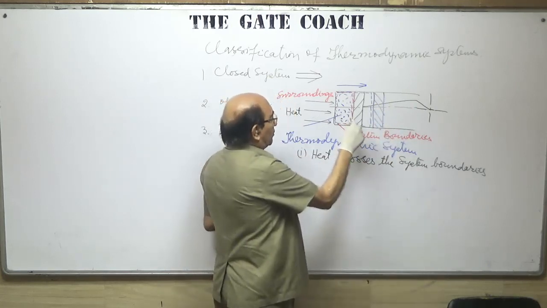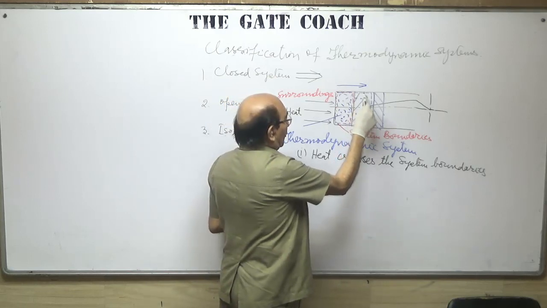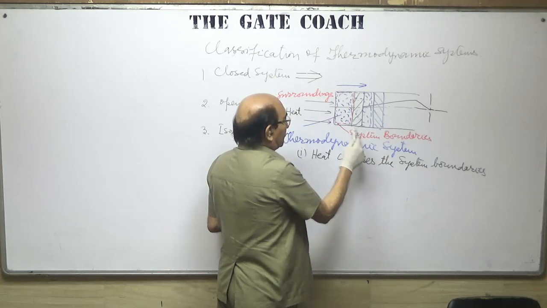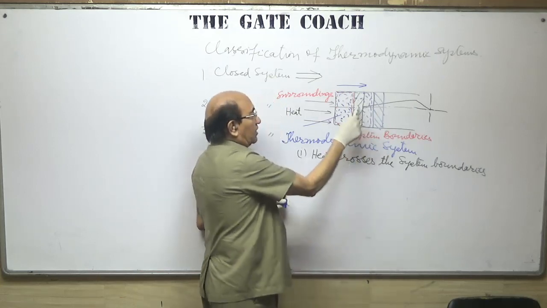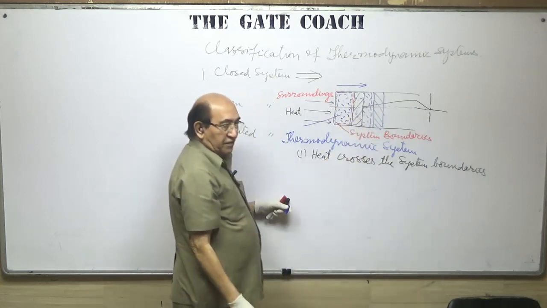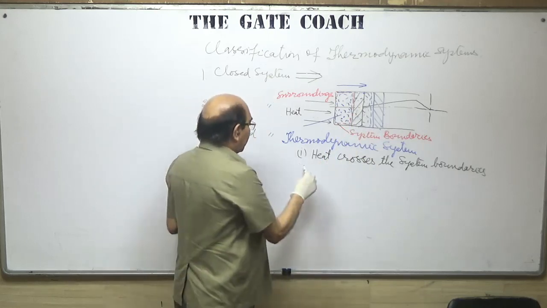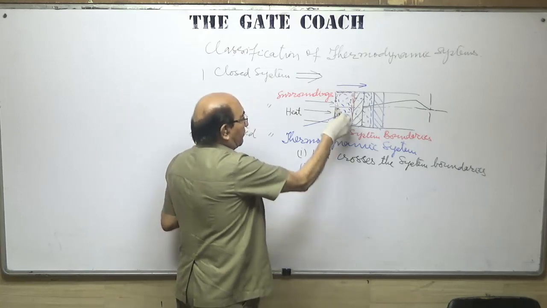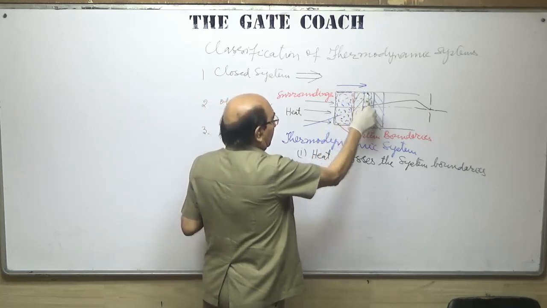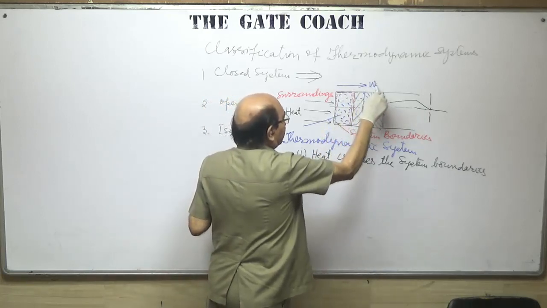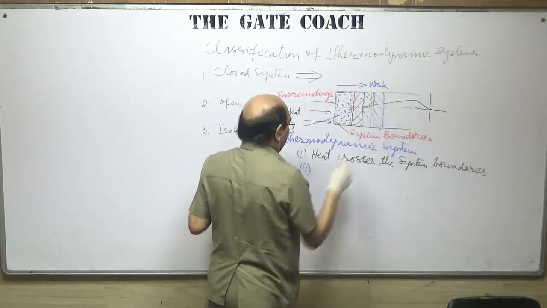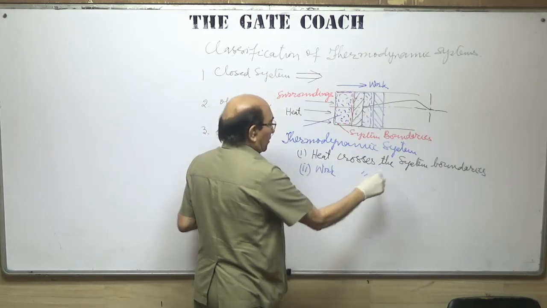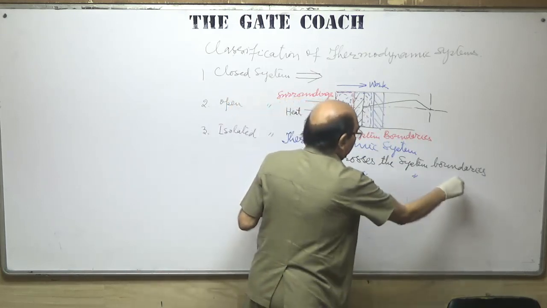And now the gas molecules are occupying this volume, and the boundaries got affected. So my second observation shall become that a part of the heat got converted to work, which pushed the piston on the right hand side. So work also crossed the system boundaries.